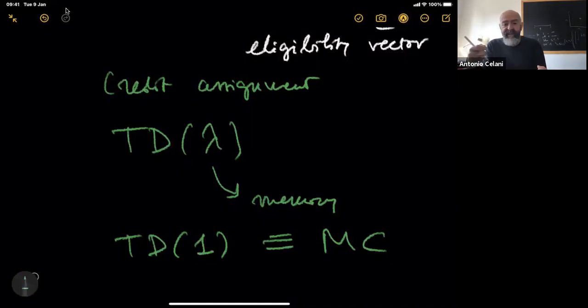Third good news is that all these concepts, temporal difference error, eligibility traces, have neural correlates in our brain.